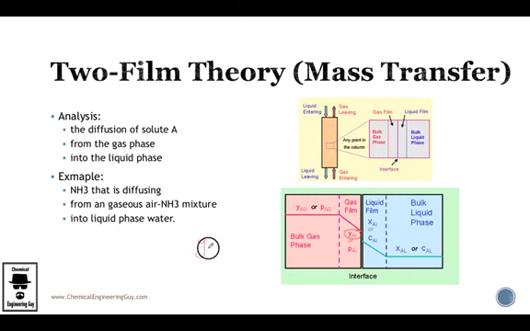This yAi, meaning the mole fraction of A, our solute, at the interface on the gas side, will be in equilibrium with its mole fraction on the liquid side. They don't necessarily need to be the same, but they are in equilibrium. So later on you will see that we can assume these as the equilibrium concentrations.